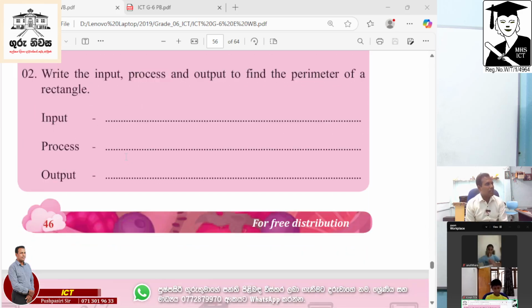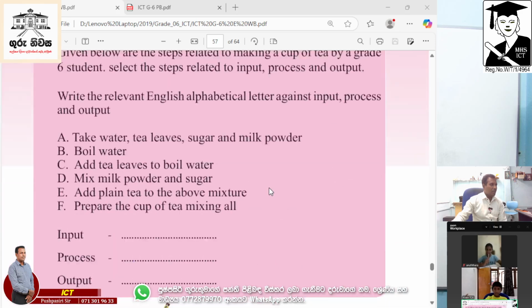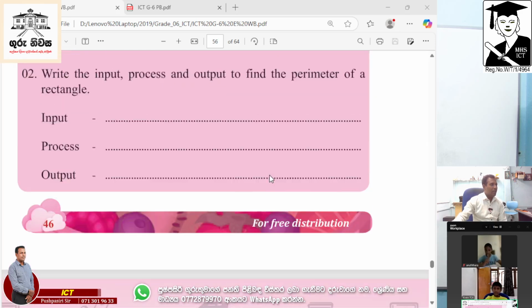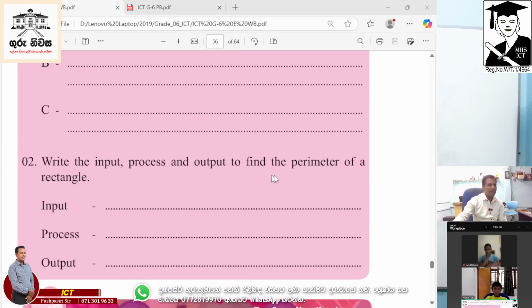Write the input, process and output to find the perimeter of the rectangle. Rectangle එකේ perimeter හොයන්න අපිට ඉස්සෙල්ලාම input, process, output මොකක්ද කියලා ලියන්න කියනවා. Sir, I did that.